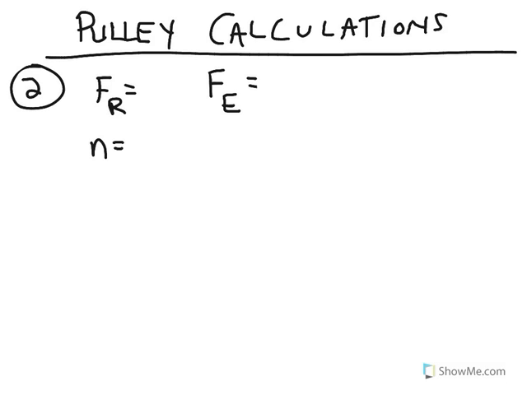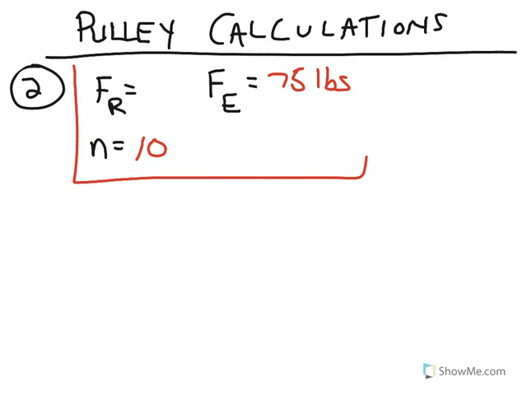Well, it says that there are 10 supporting strands. So N is 10. It's easy. It also said that the motor being used, the motor is the effort, to wind the cable in the pulley system can provide 75 pounds of force. The effort is 75 pounds. So those are the facts for this problem.